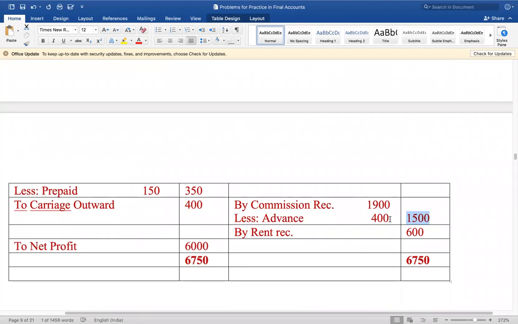Okay, so received in advance is liability. Do one thing, you just put it like this so that you understand. Prepaid is asset. And this is net profit, it is added to capital.